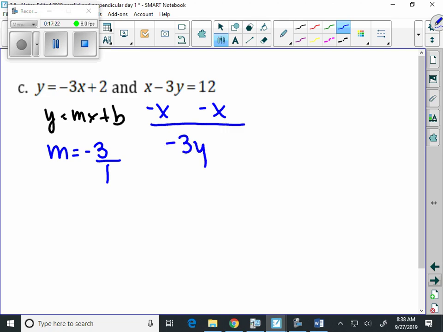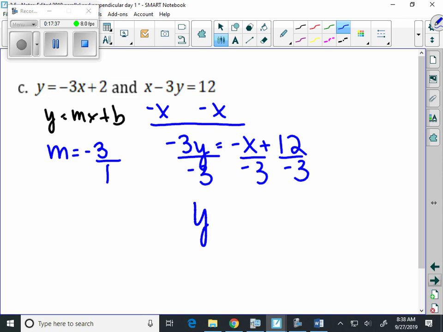We get -3y equals -x plus 12. And then we're going to divide everything by -3. And we end up with y equals. And just a reminder here, when there's no number written in front of the x, it's a 1.